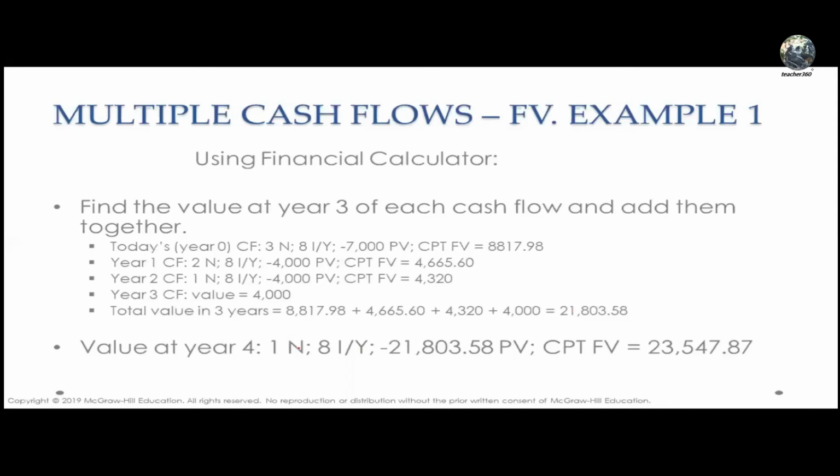Your N is 1, your interest rate is 8%, and your present value is $21,803.58. Press CPT FV and you will get the future value at year 4.